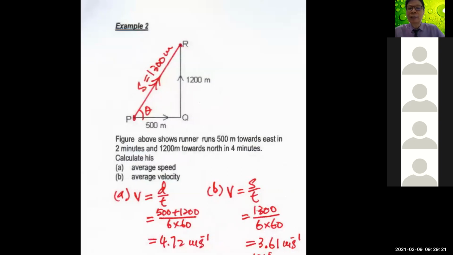Direction also given already. 67.38. Yes, someone gave the answer for direction already. Yishuan forgot to count the direction. Okay, can do now. So far I have one answer for direction, 67.38. Any more answers for direction?